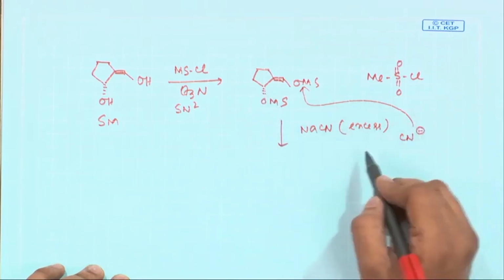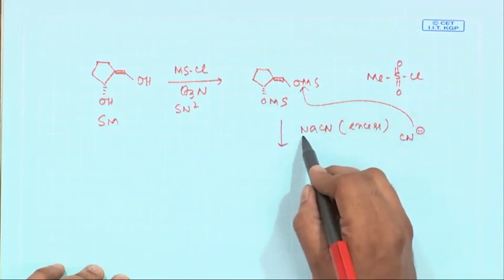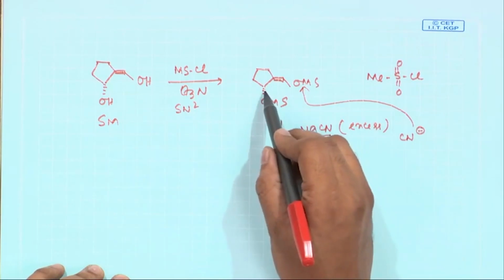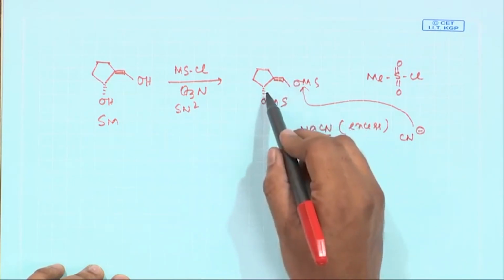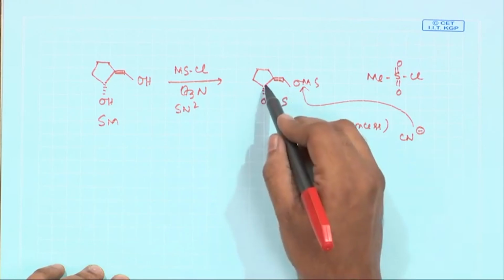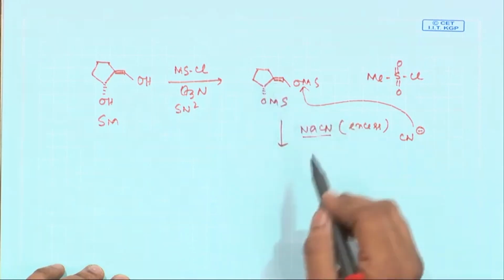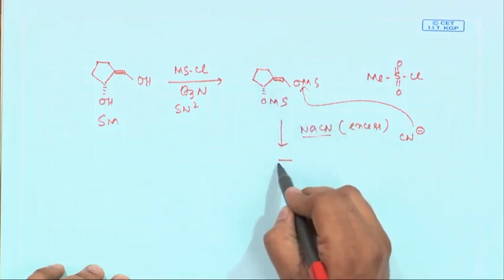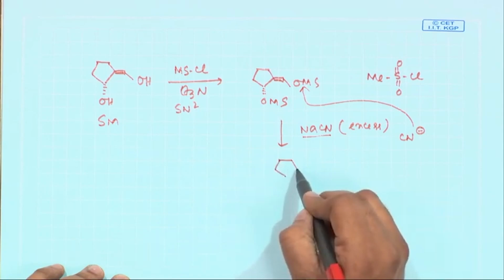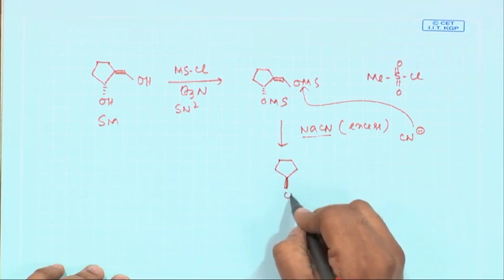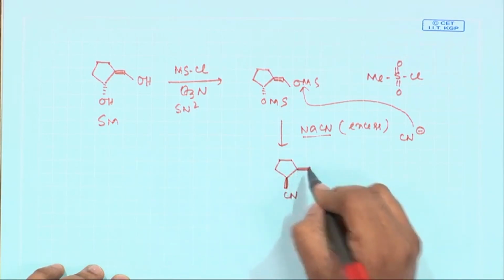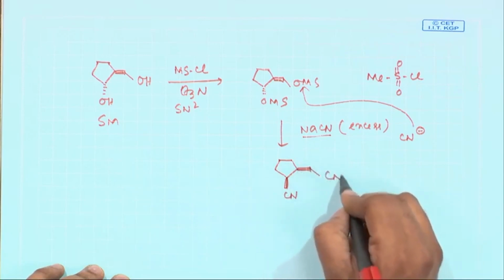By using a strong nucleophile, sodium cyanide in excess, SN2 occurs here also, and particularly at this point, if SN2 occurs, you have an inversion here, and in this case there is no inversion.